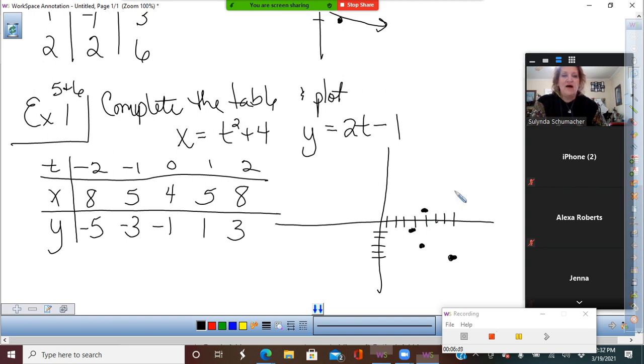And 8, 3. So you see this is another sideways curve. Let's see if I can draw it better this way. There we go. All right. That's all you have to do for the first two problems. It's just asking you to use this T to find the points to put on a graph. Any questions? All right. And let's go to the next part.